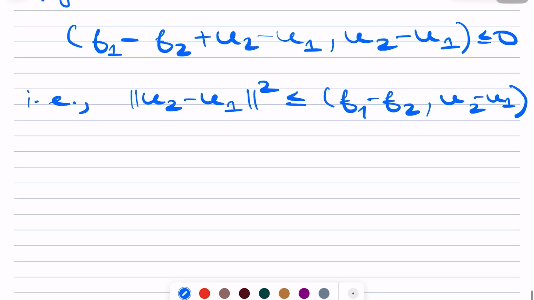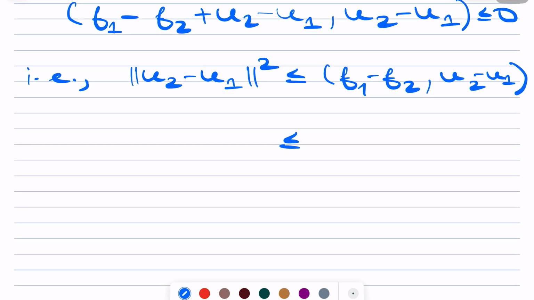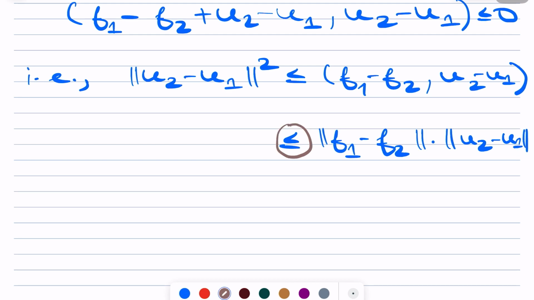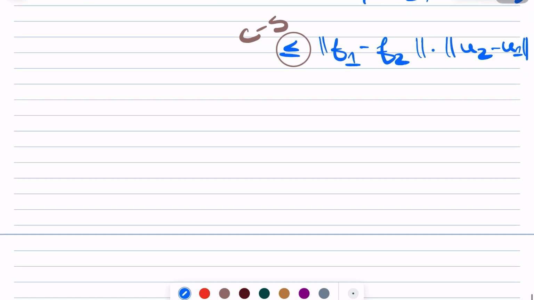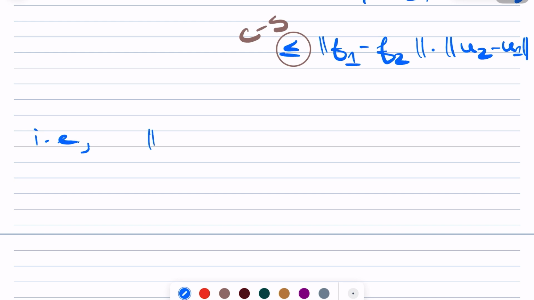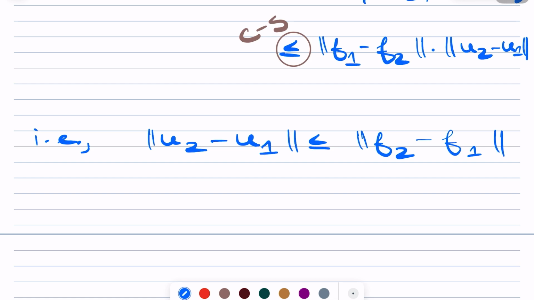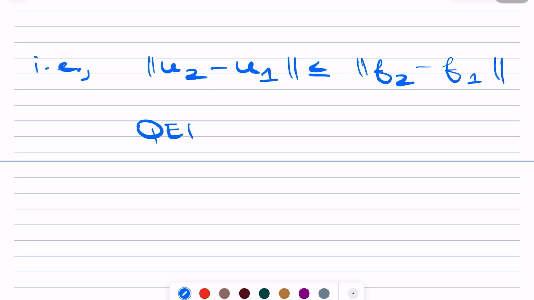But this is less or equal, just a consequence of Cauchy-Schwarz, than the norm of f1 minus f2 times the norm of u2 minus u1. Now if you simplify, then you get that the norm of u2 minus u1 is less or equal than the norm of f2 minus f1, and this is what we had to show. Okay, good.